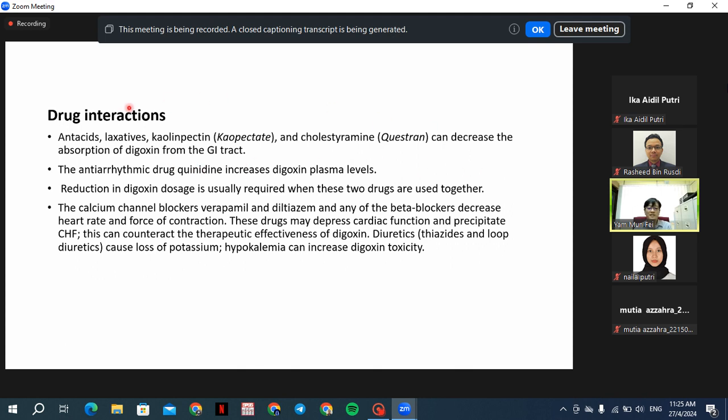This is because these drugs mainly act on your GIT tract, so they may decrease the absorption of digoxin. Cholestyramine is used to treat cholesterol, isn't it? Kaolin pectin is also used to treat cholesterol, isn't it? So what will happen? They will prevent the absorption of your cholesterol and digoxin.